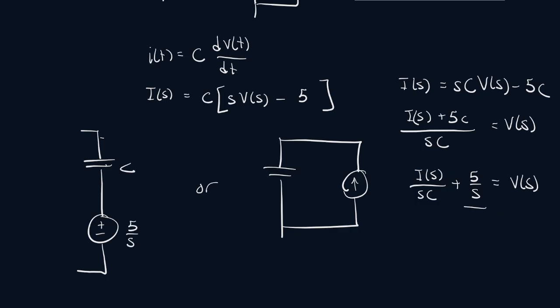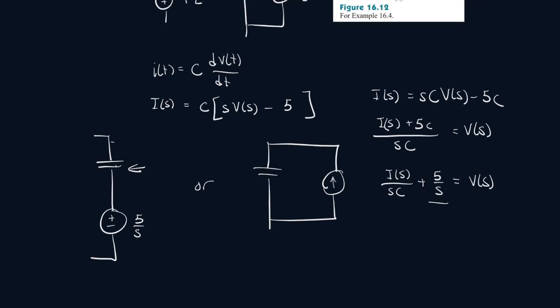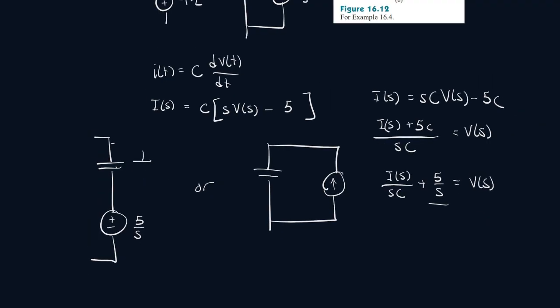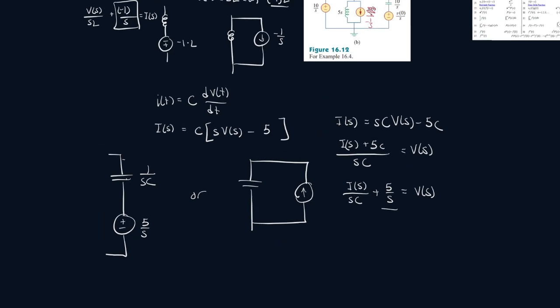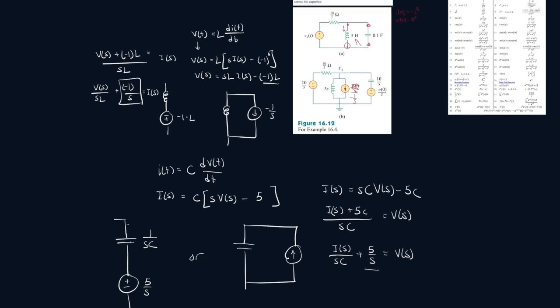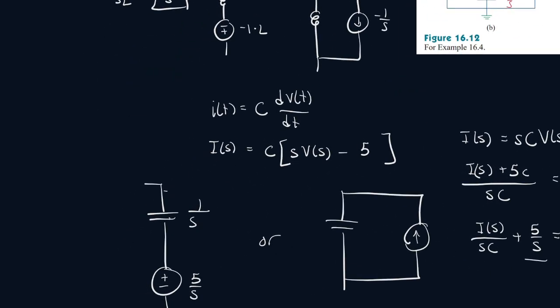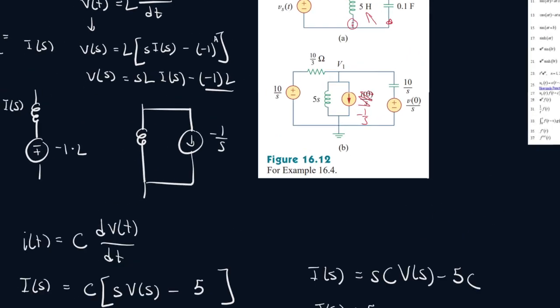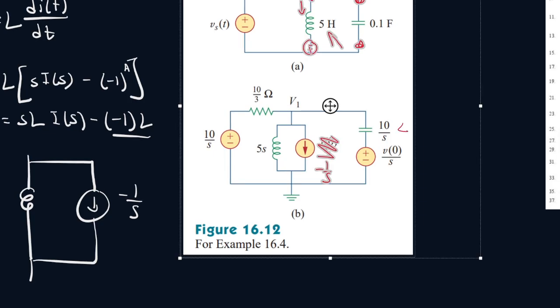And for this, it's 1 over sC, where C is your capacitance, which is 0.1. So 1 over 0.1s, and that's just 10 over s. Okay, so we have 10 over s here, and we're just going to replace this with 5 over s.